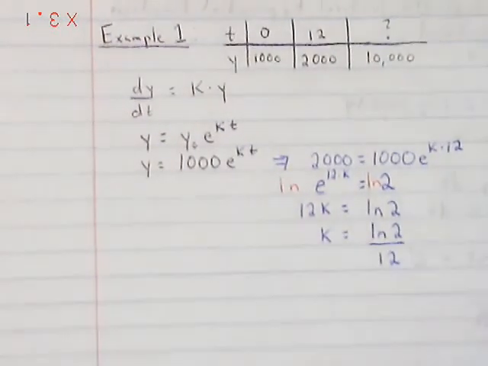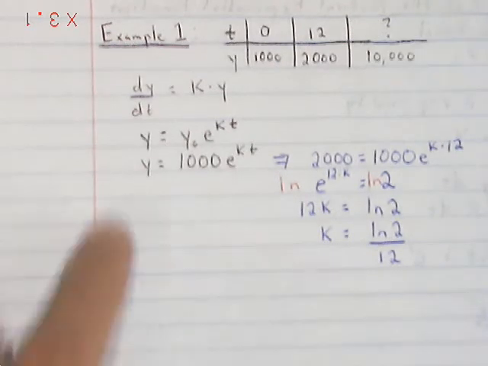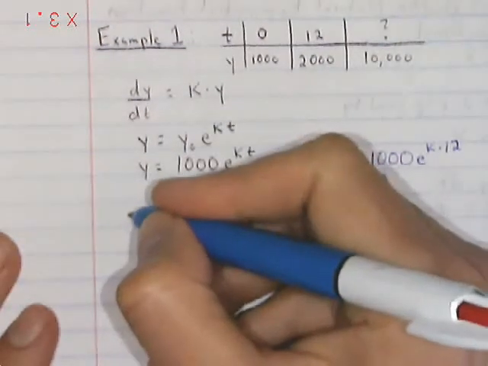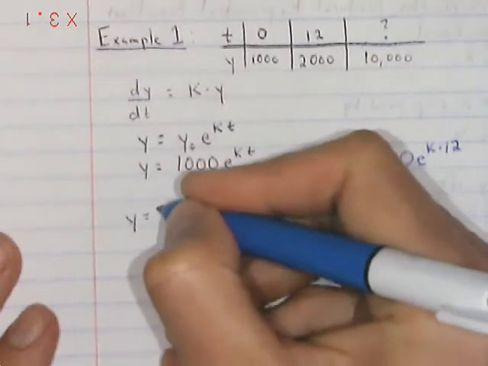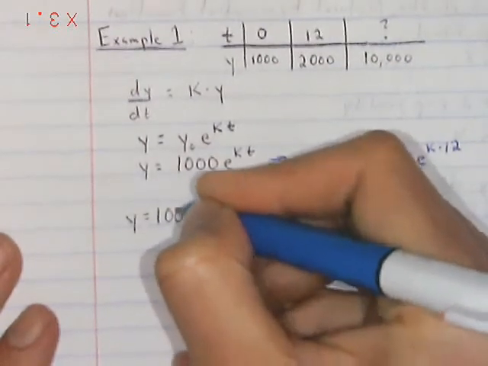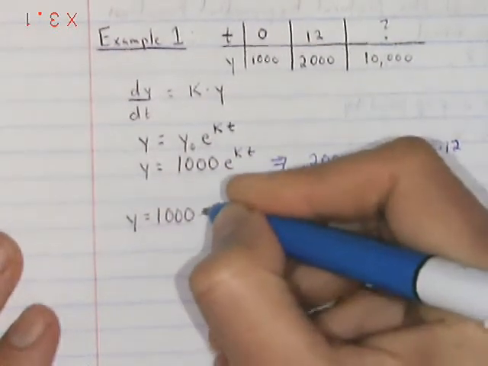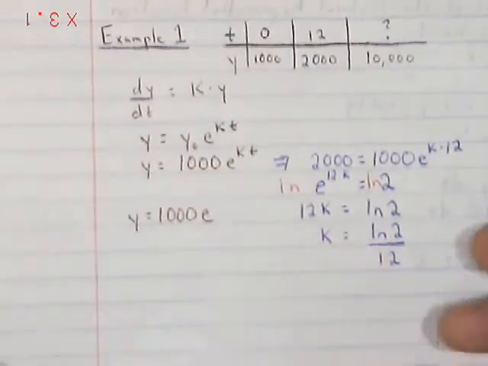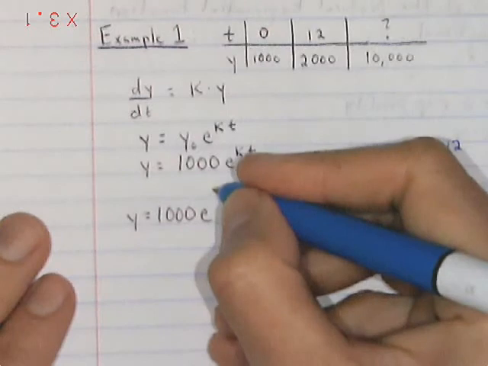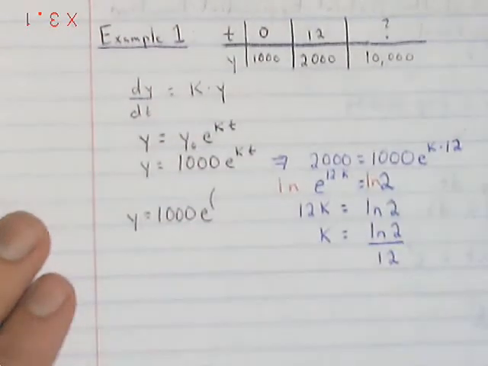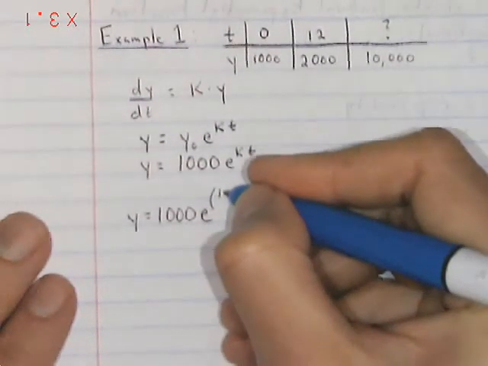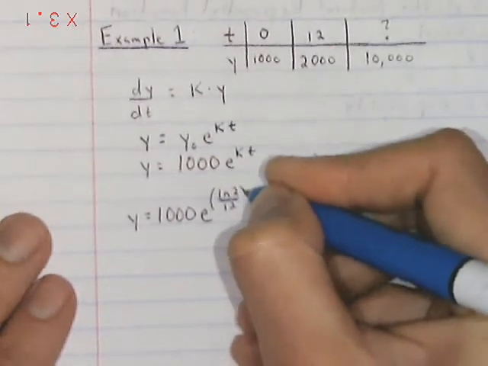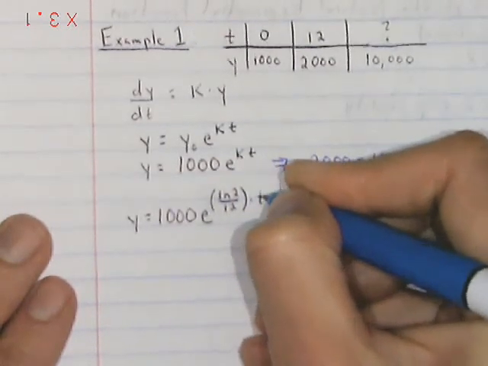And we're in business. Now, coming back to our function, we have that y is equal to 1,000 times e. We just spent that time to figure out what k is. So e raised to the ln of 2 divided by 12 times t.